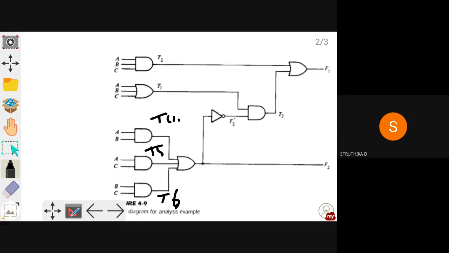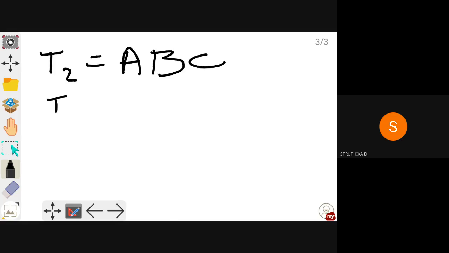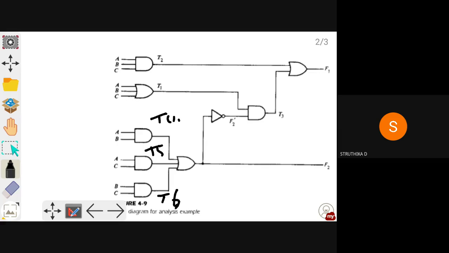Then what is your output T1? What is the Boolean function for T1? A plus B plus C, ma'am. So T1 is equal to A plus B plus C. Then come to T4. What is the output of T4?